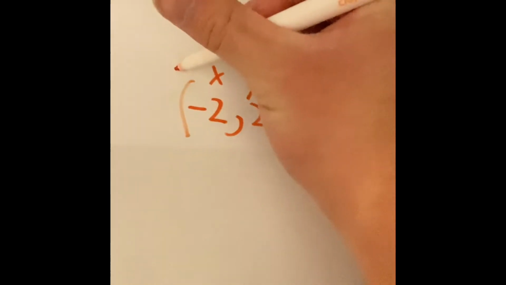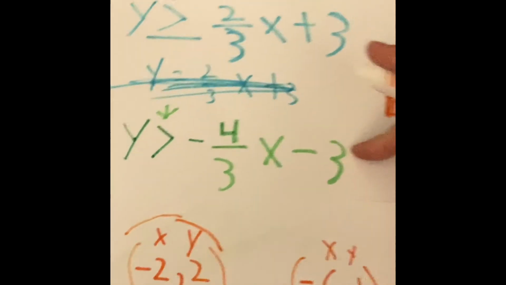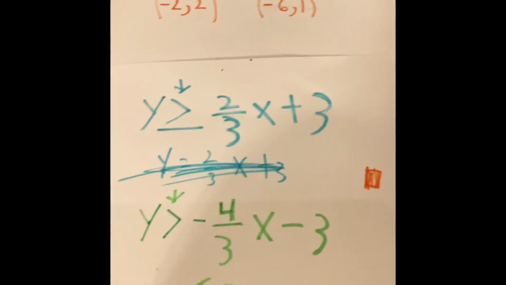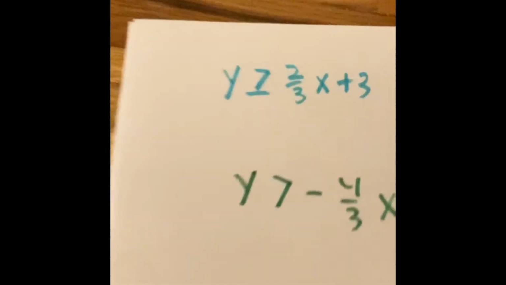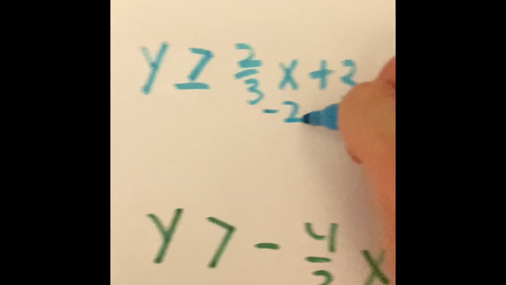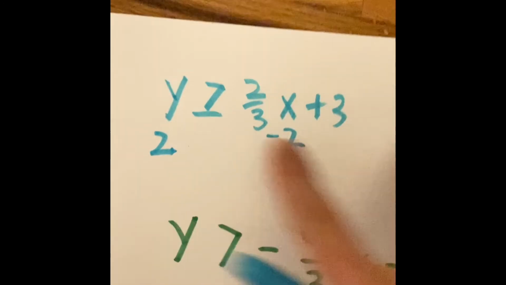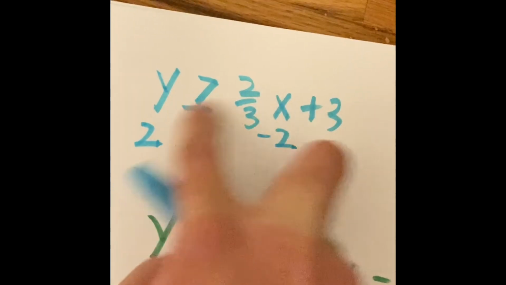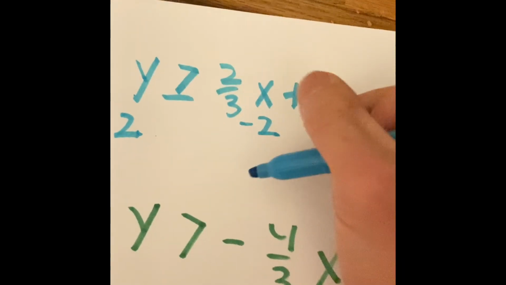Let's start with this equation first, and we'll insert them into these 2 equations. So let's do the math. We're going to put in -2 for x, and we're going to put in 2 for y. Does this satisfy the equation when we insert those numbers for x and y? Let's see what happens.